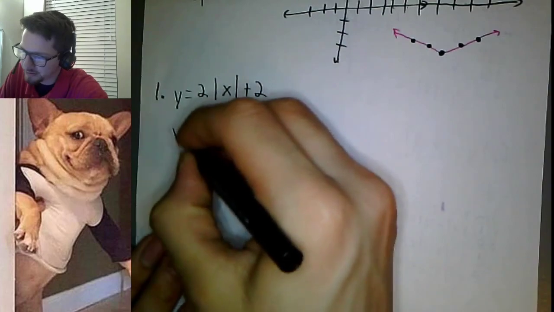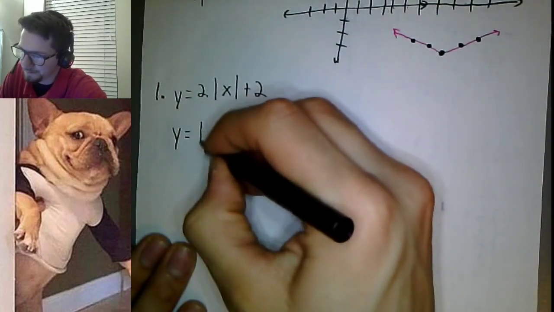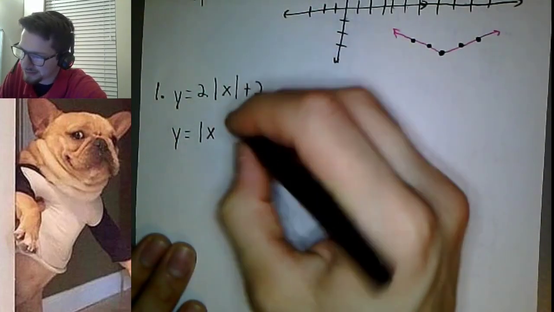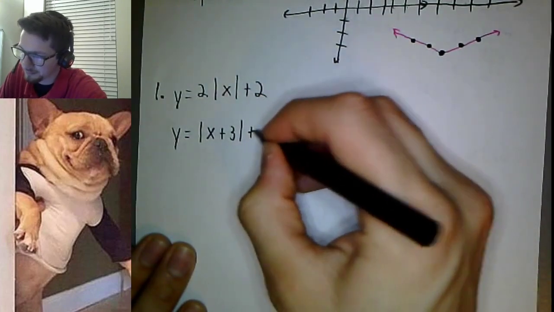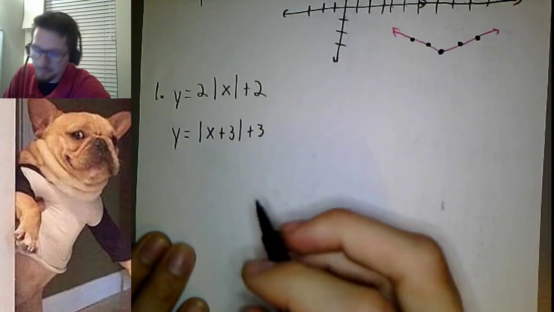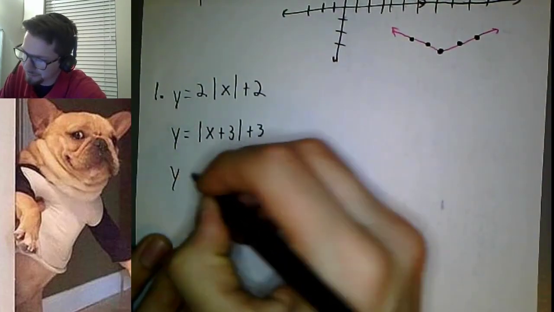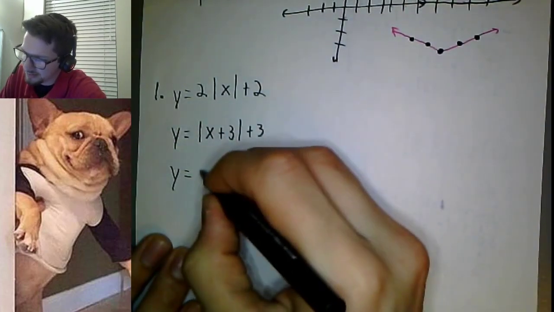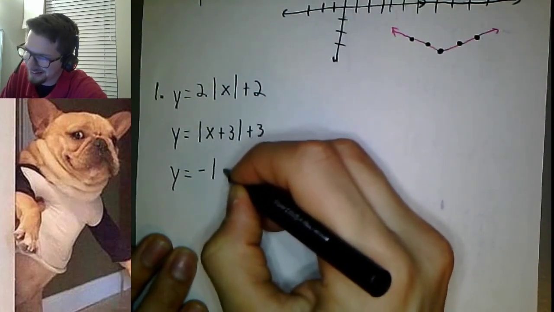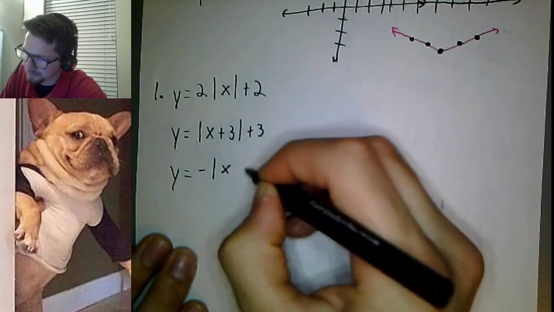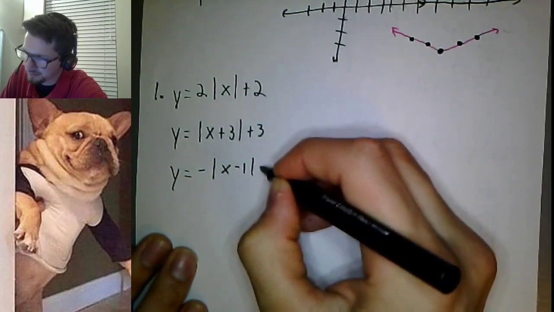The second one I want you to do is y equals the absolute value of x plus 3, plus 3. And the last one I want you to do is negative absolute value of x minus 1, minus 2.